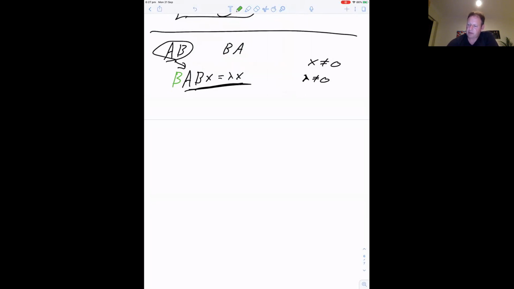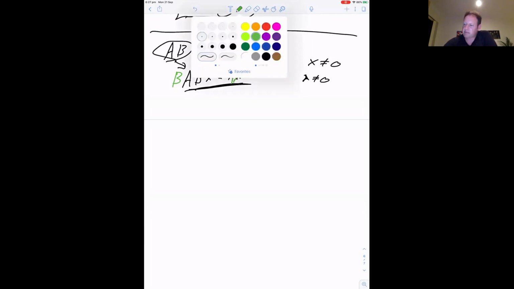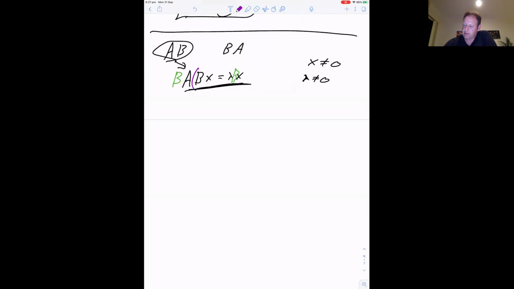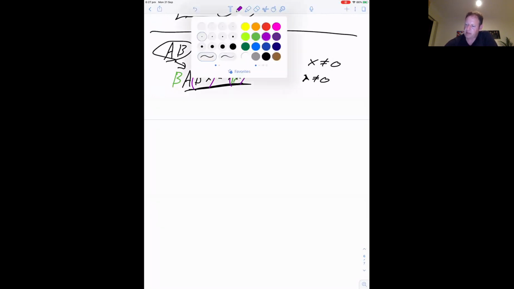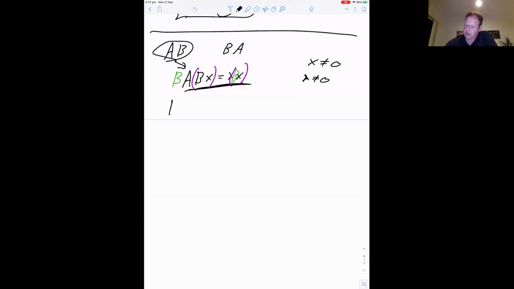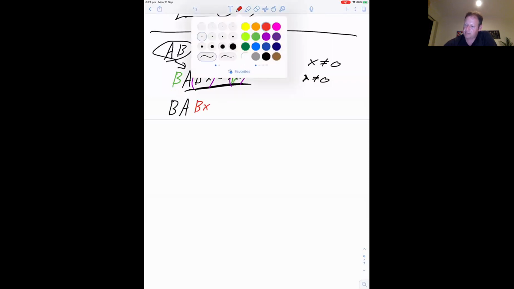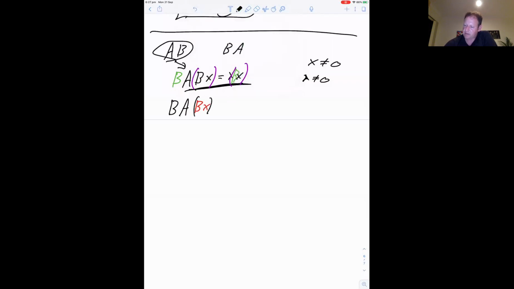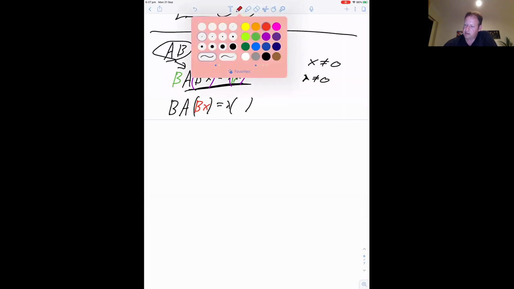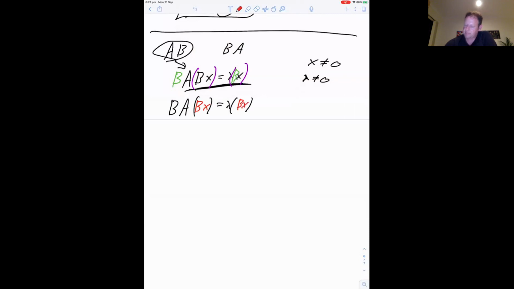So multiply this on the left by B. Now let's put the brackets here, let me write this a bit nicer. What we've got is BA times the vector BX equals lambda times the vector BX.